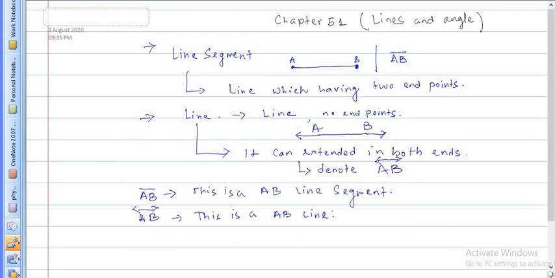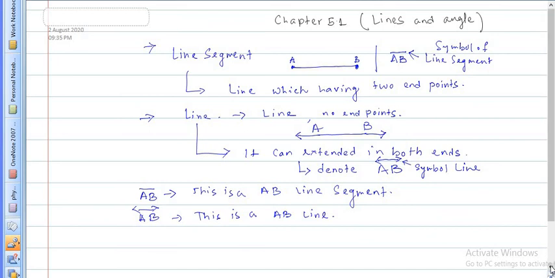This one is the symbol of line, and this one is the symbol of line segment.